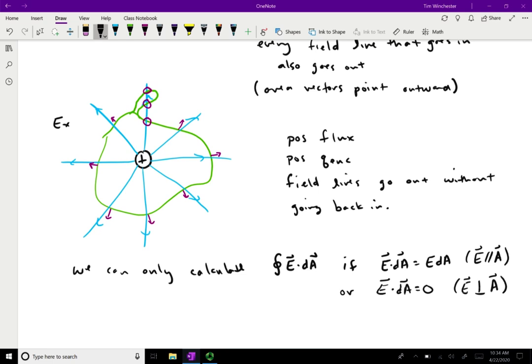Pretty much any other case is just much too complicated to be able to do an integral over the surface.